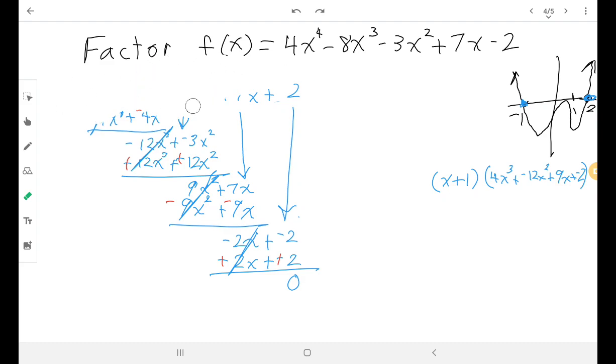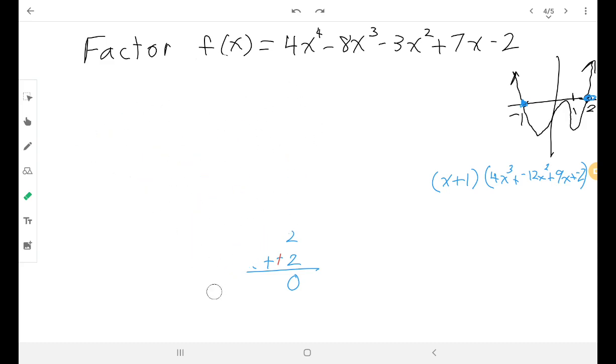All right, so erasing all this long division, because now we have to deal with the new guy, the slightly smaller one.